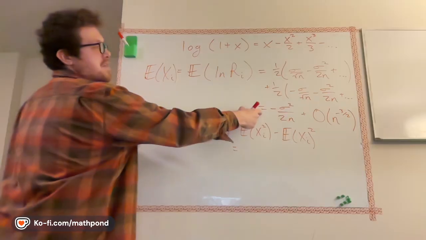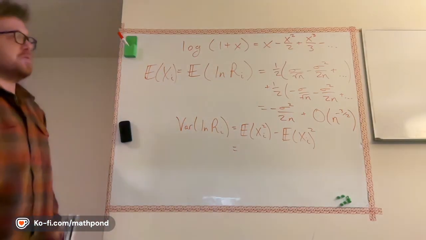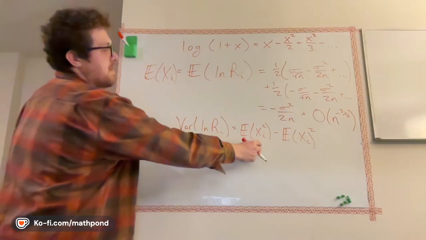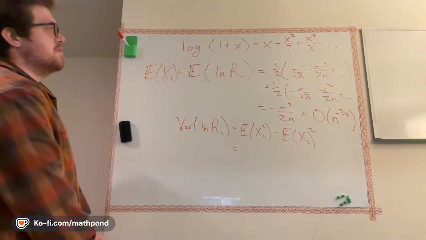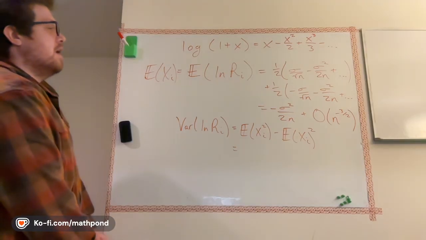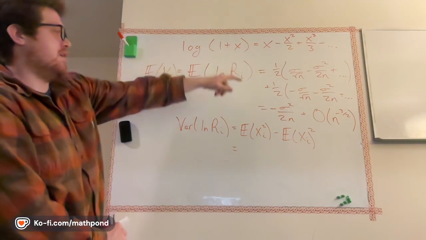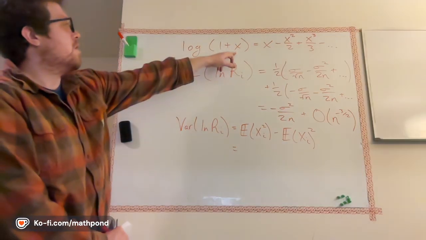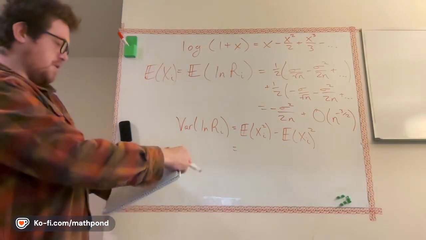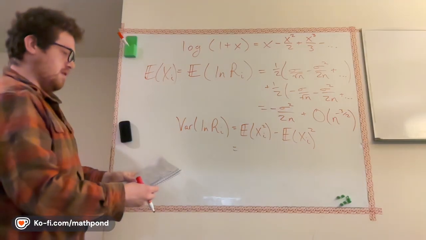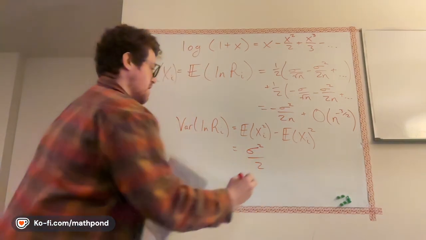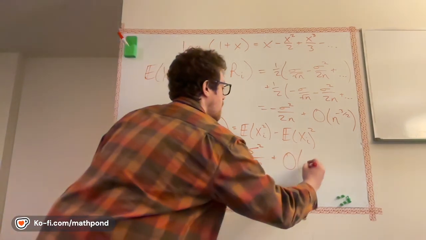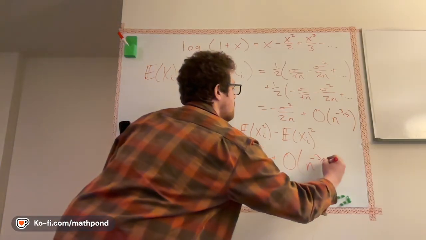Right, and we already have the expected value of xi right here, so we can just square that. And then the expected value of xi squared is a little bit different. So now I need to plug it into log. Yeah, so this you can show is approximately sigma squared over 2. And then again, you have this O n to the negative 3 halves.